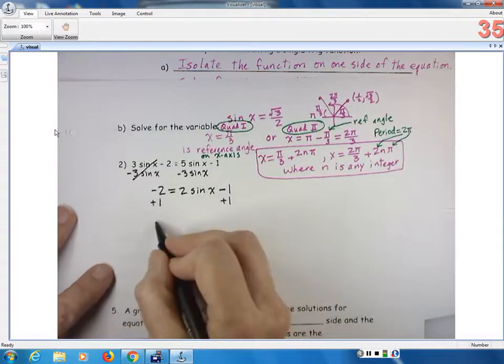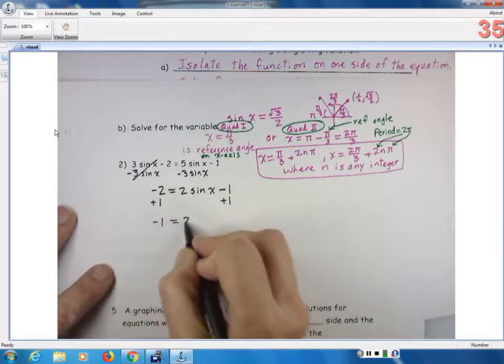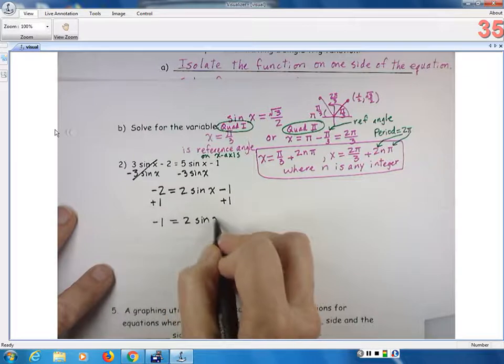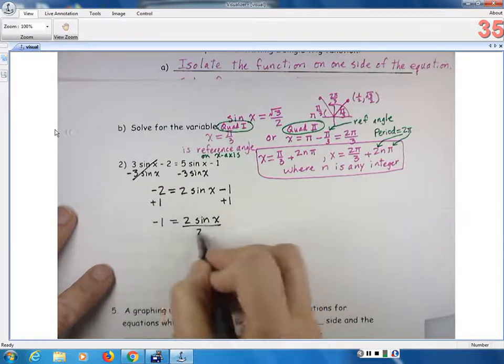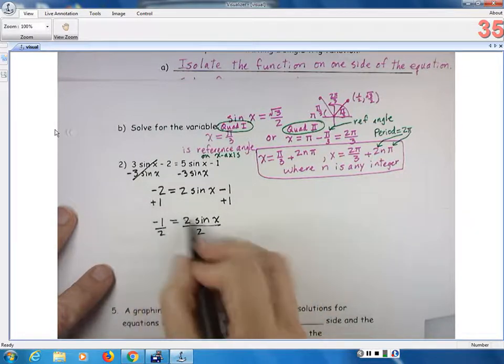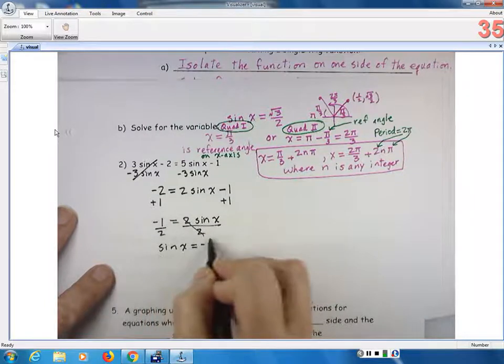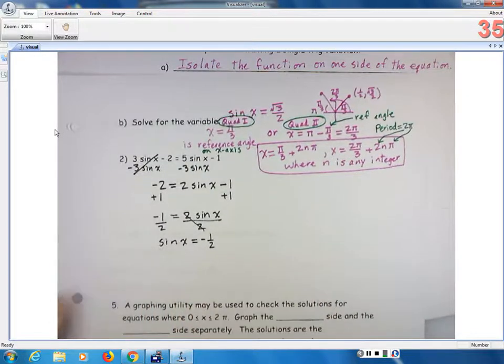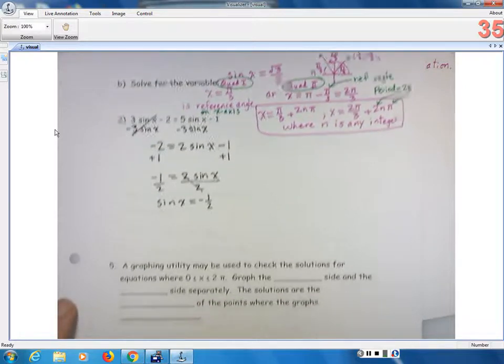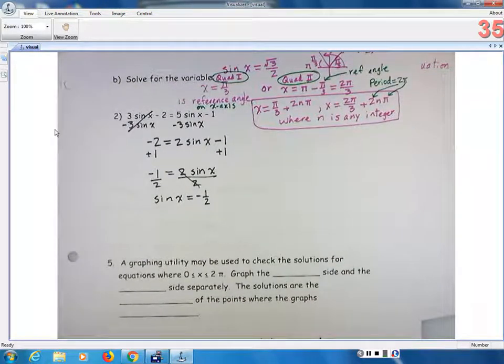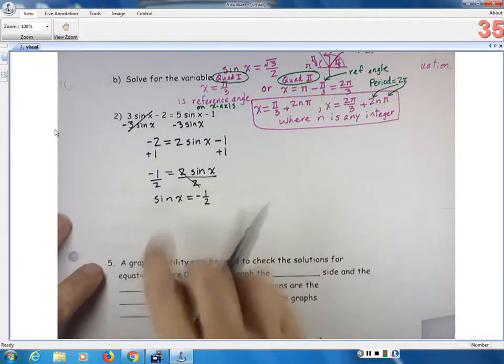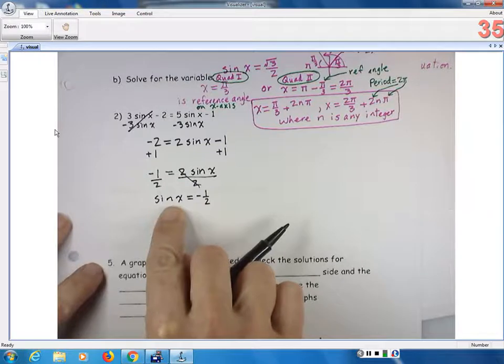So I have -1 equals 2 sine x, and divide by 2. Sine x equals -1/2. Okay, that's part A: isolating your trig function on one side by itself.